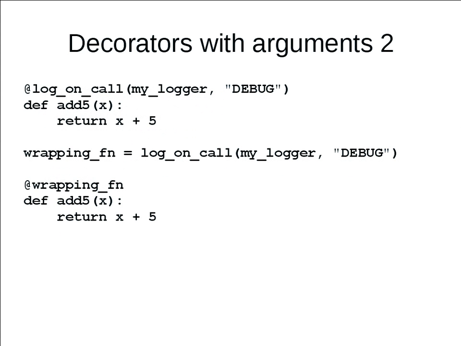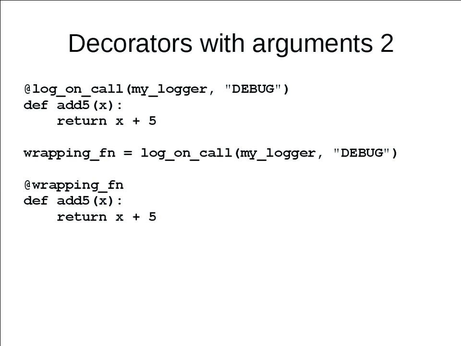So here's an example, which I think is a pretty reasonable example. We're going to make a decorator that calls a logger whenever we call this function. So every time this function gets called, this logger reference that we passed in, myLogger, is going to get called, and it's going to get called at level debug.